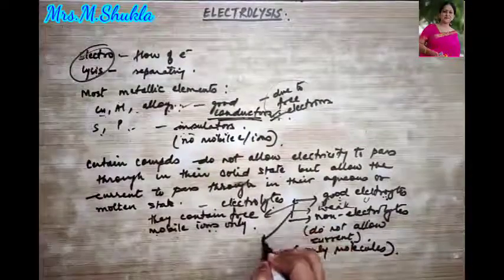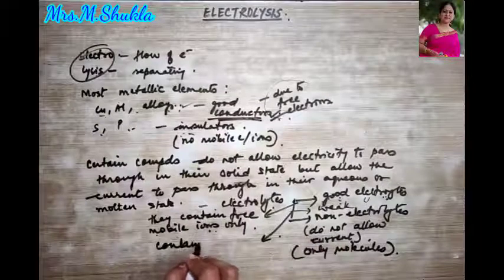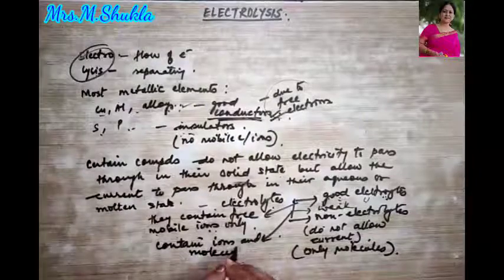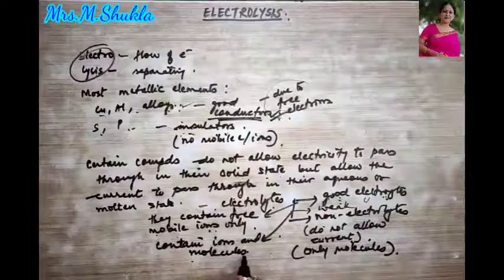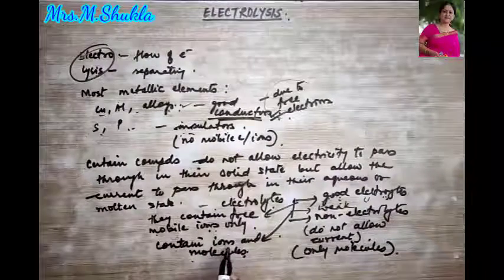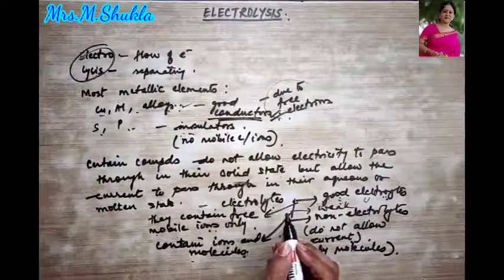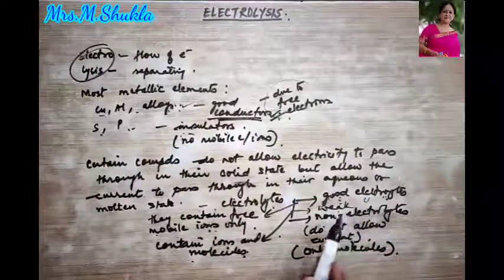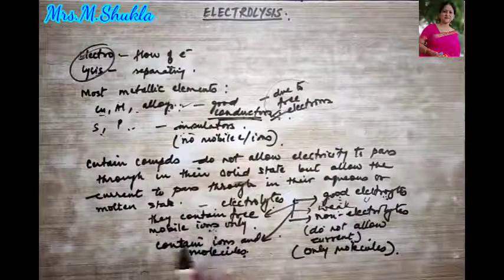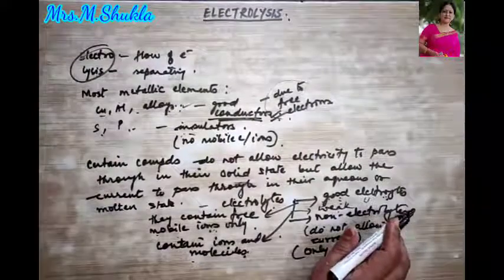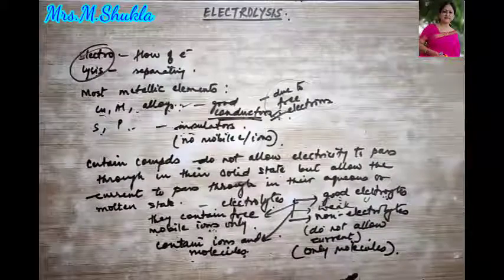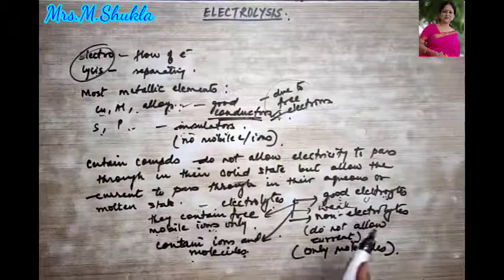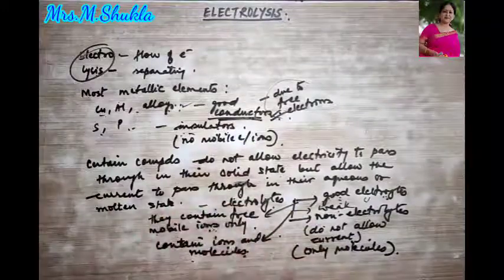Weak electrolytes contain ions and molecules. It is termed weak because molecules will not allow electricity to pass through. Only those few mobile ions allow electricity to pass through, so a small amount of electricity passes through, therefore it is a weak electrolyte. The one which has only mobile ions, a lot of current will pass through, that is a good electrolyte. The one which doesn't have any ions, only molecules, will not at all allow electricity to pass through, so they are termed non-electrolytes. I hope till here everything is very clear.